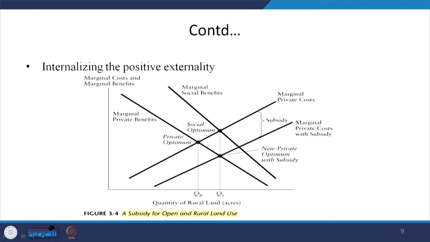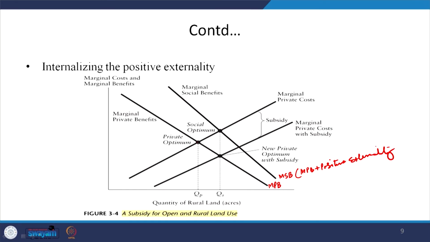But in this example a positive externality is generated, so this is the marginal private benefit, but this is the marginal social benefit, which includes marginal private benefit plus the positive externality.